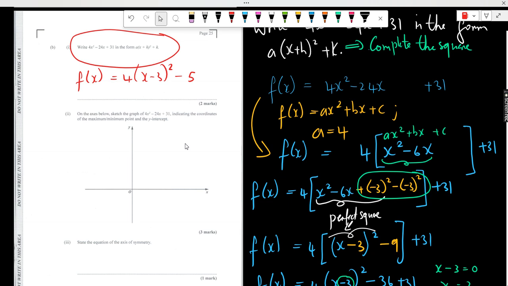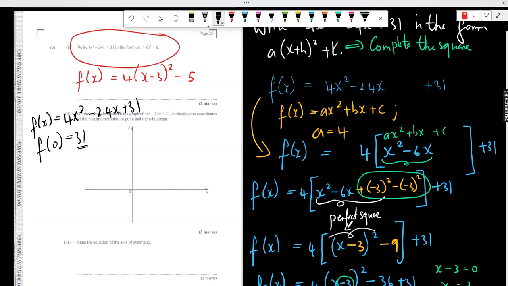So the y-intercept is basically f of 0, and you can clearly see that from this equation. If f of x equals 4x squared minus 24x plus 31, then f of 0 is the constant term, which is 31. So f of 0 equals 31. Therefore, the y-intercept is 31.